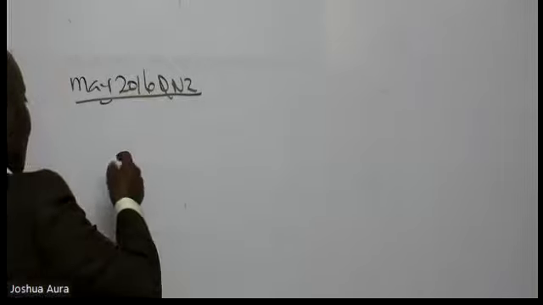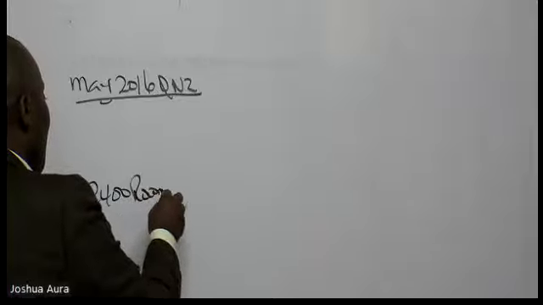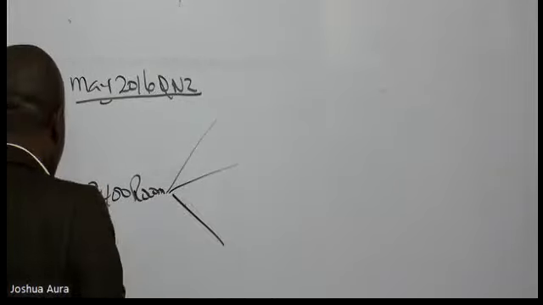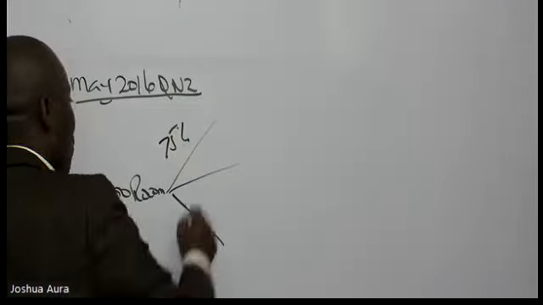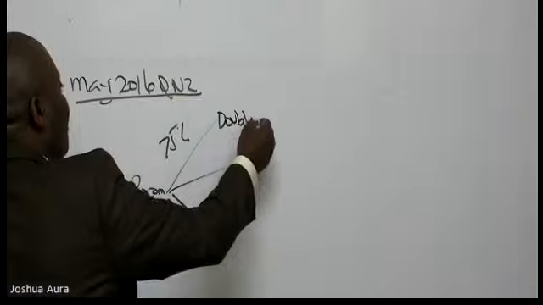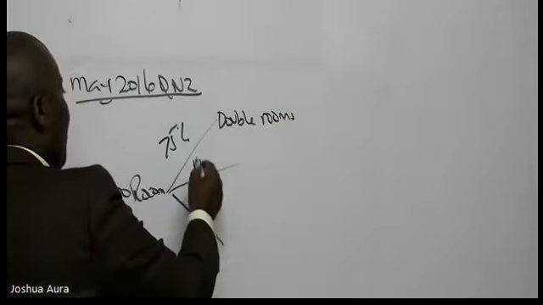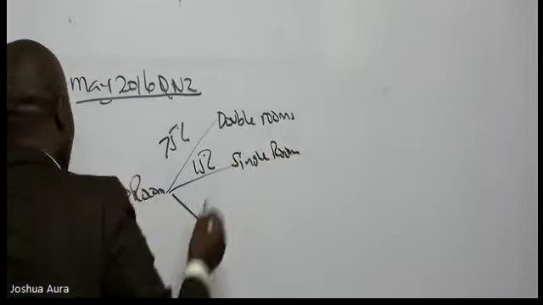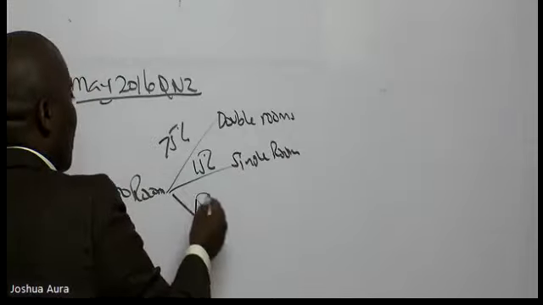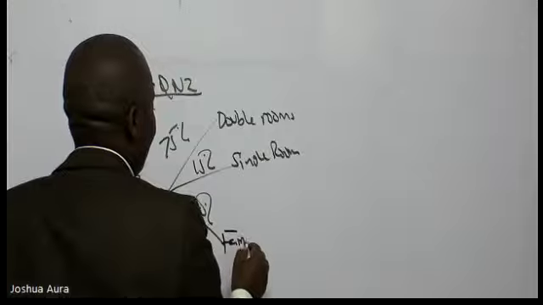So out of these 2,400 rooms, we know that 75% are double rooms, 15% are single rooms, and 10% are family rooms.